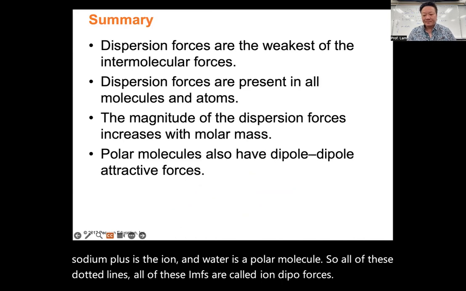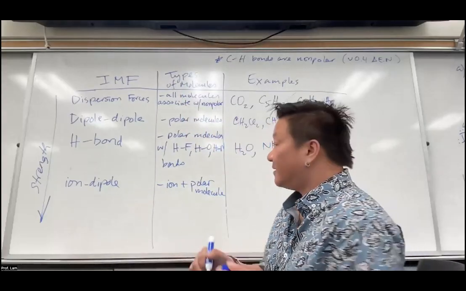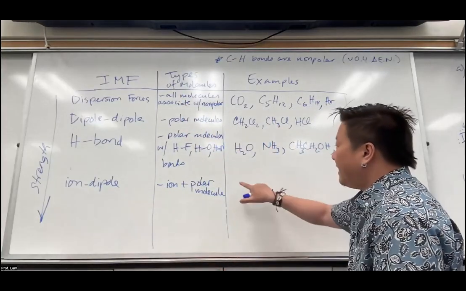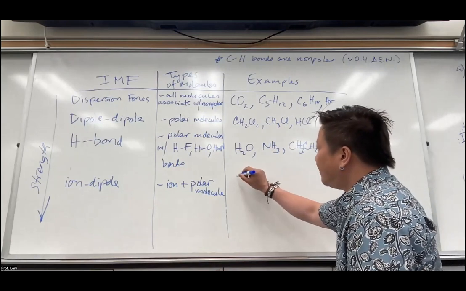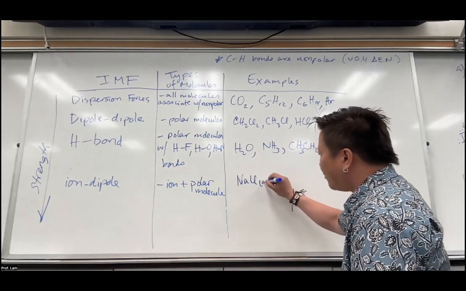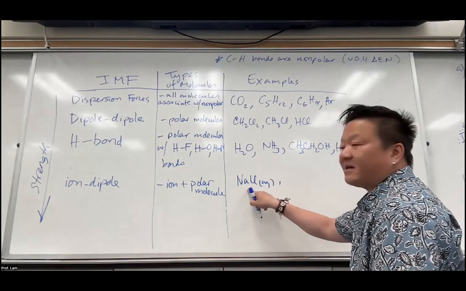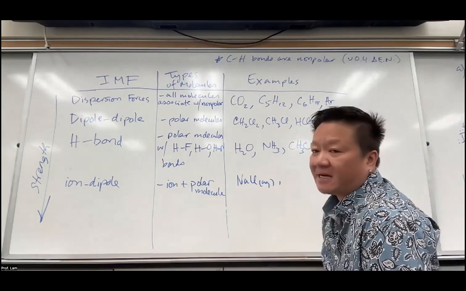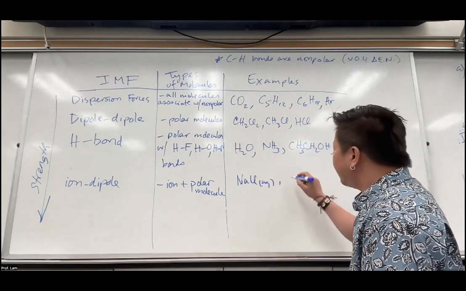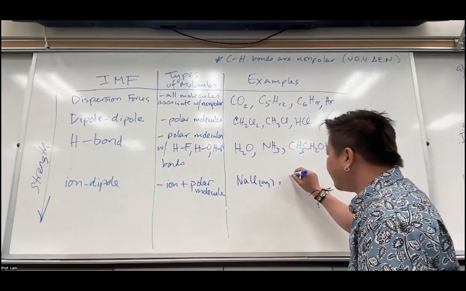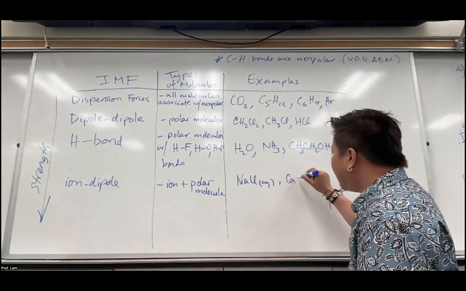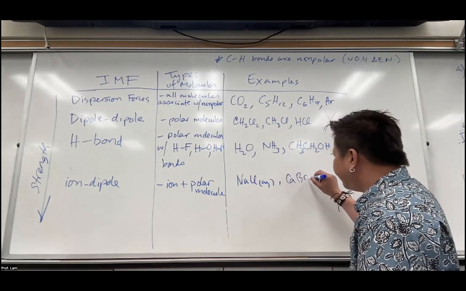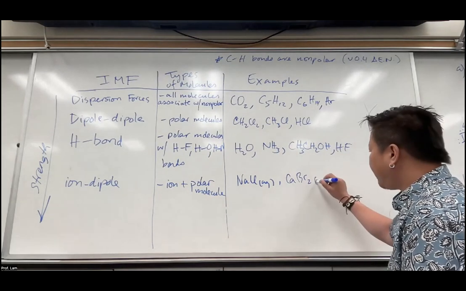Okay. All right, so let's complete our table. Examples would be NaCl aqueous. So look for that. If you see an ionic compound with aqueous next to it, it has ion dipole forces. It could also be calcium bromide, CaBr2 aqueous.